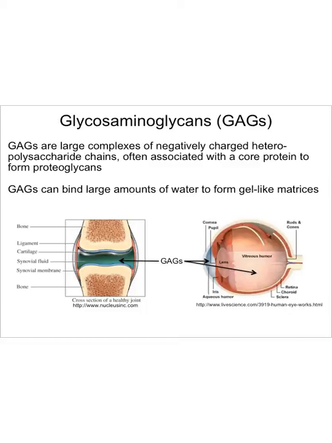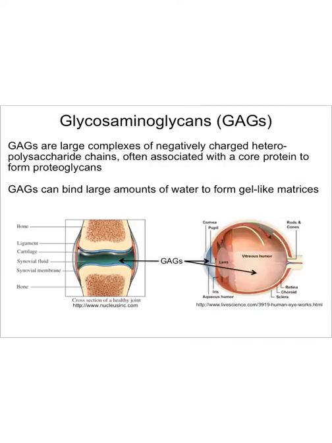So the next class of lysosomal storage disease I want to talk about are called the mucopolysaccharidoses, and these are failures to break down chemicals called glycosaminoglycans, or GAGs.